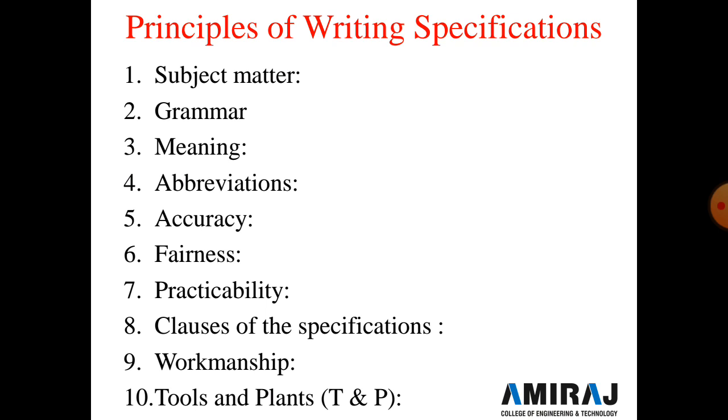And as the specifications are legal documents, terms such as suitable, properly used, and the words shall be or should be are used. So it's an important point in grammar work.